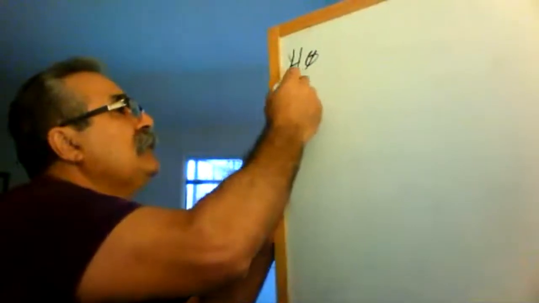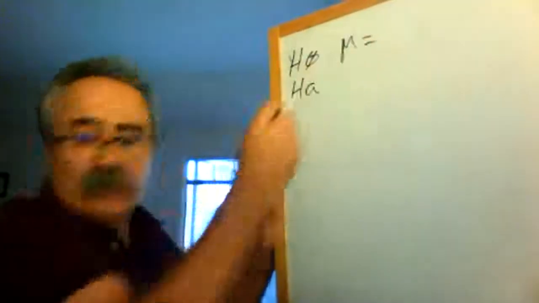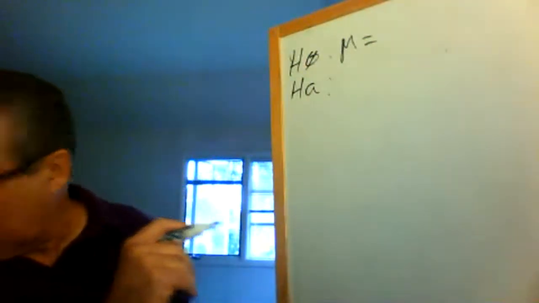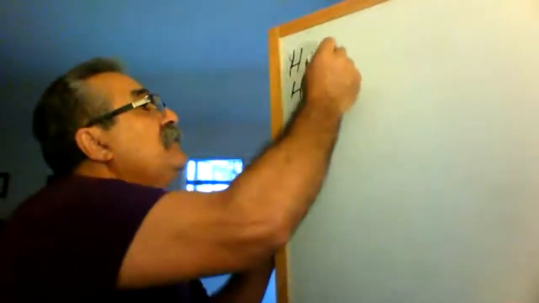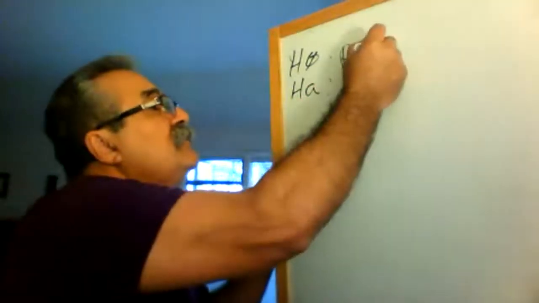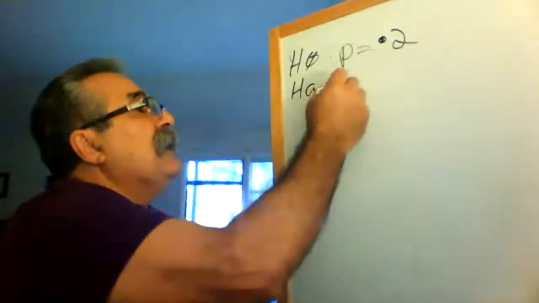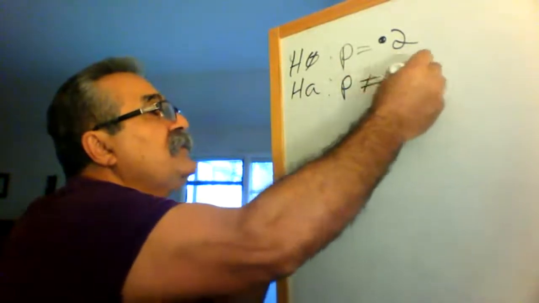H0, HA, oops, sorry, p, this is proportion, is equal to 0.2 and lowercase p is not equal to 0.2.